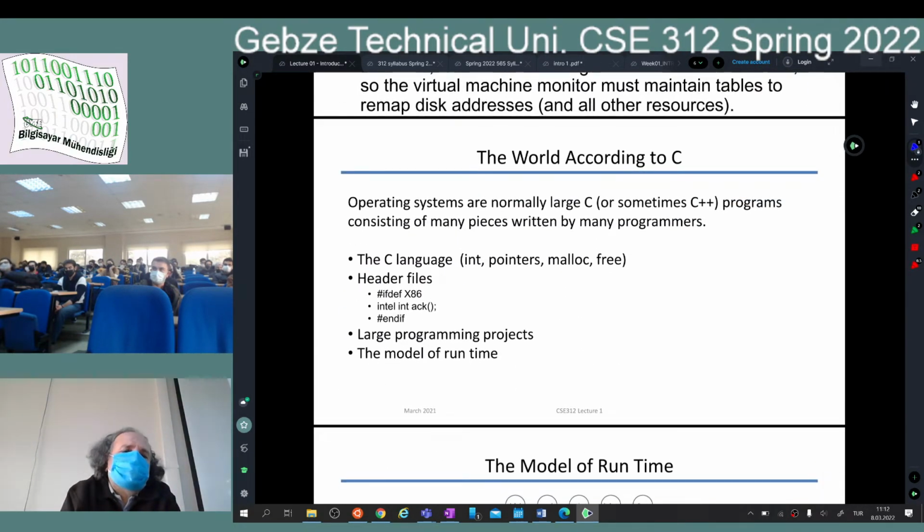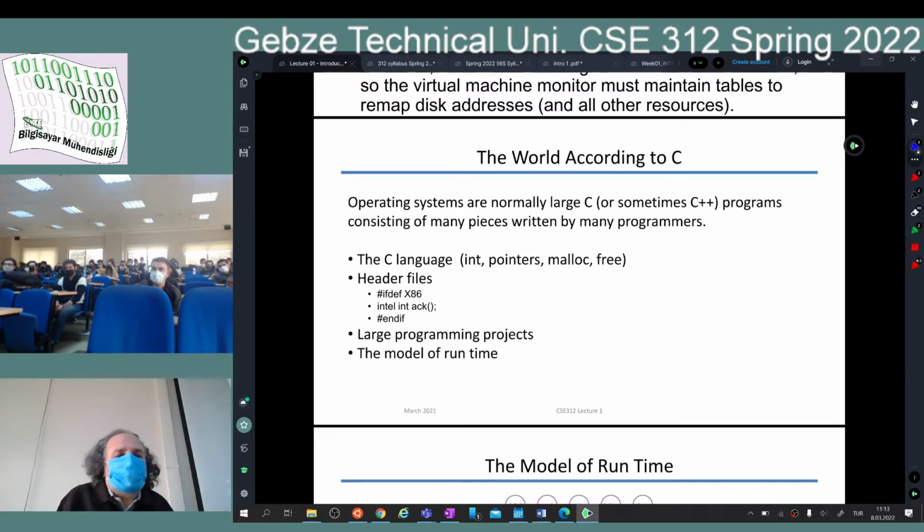Operating systems are written in C and assembly. Of course, you like to write them more in C than assembly, but sometimes, for example, in C, there is no way to modify your stack pointer. You cannot say in C, add 2 to the stack pointer, subtract 2 from such and such register.